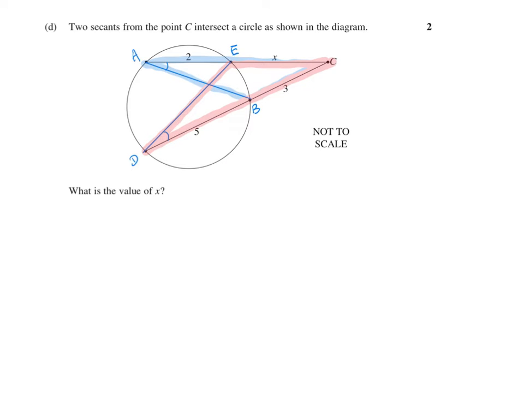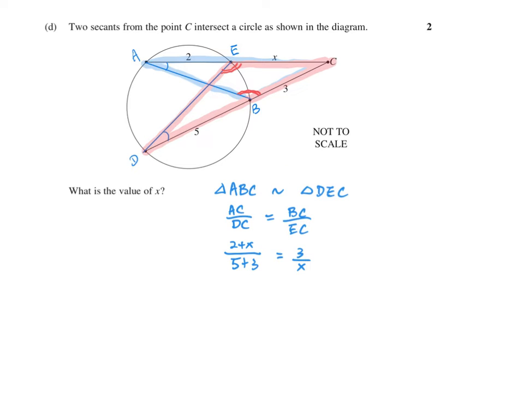These 2 angles should be equal. In 2 triangles, if you have 2 angles equal, the third one must also be equal because the angles of a triangle sum to 180. Now we know that these 2 triangles are similar.